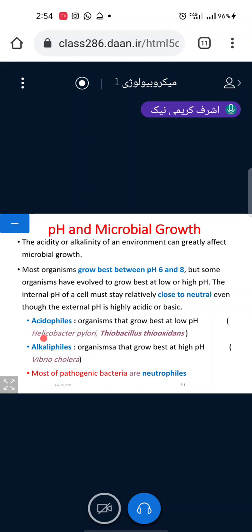For example, Helicobacter pylori, Thiobacillus thiooxidans, and lactic acid bacteria, for example Lactobacillus lactis, Lactobacillus cremoris, and Lactobacillus bulgaricus in yogurt. And alkalophiles are organisms that grow best at high pH, for example Vibrio cholerae.